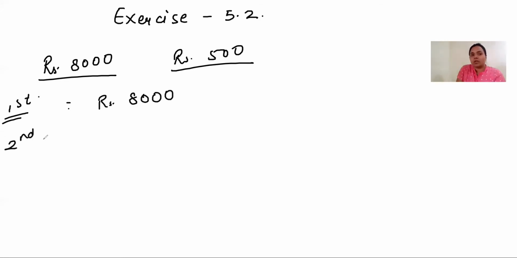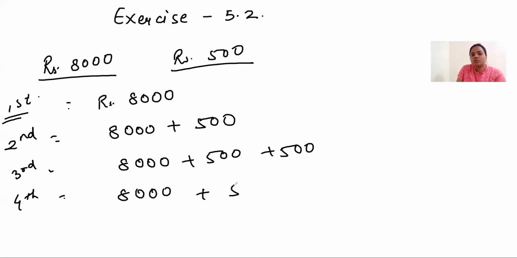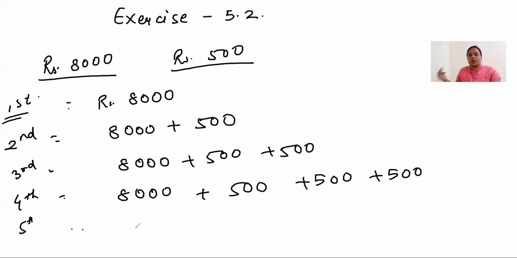In the second year, it will be 8,000 plus 500. In the third year, it will be 8,000 plus 500 plus 500. In the fourth year, it will be 8,000 plus 500 plus 500 plus 500. And the fifth year, it will go on and on.